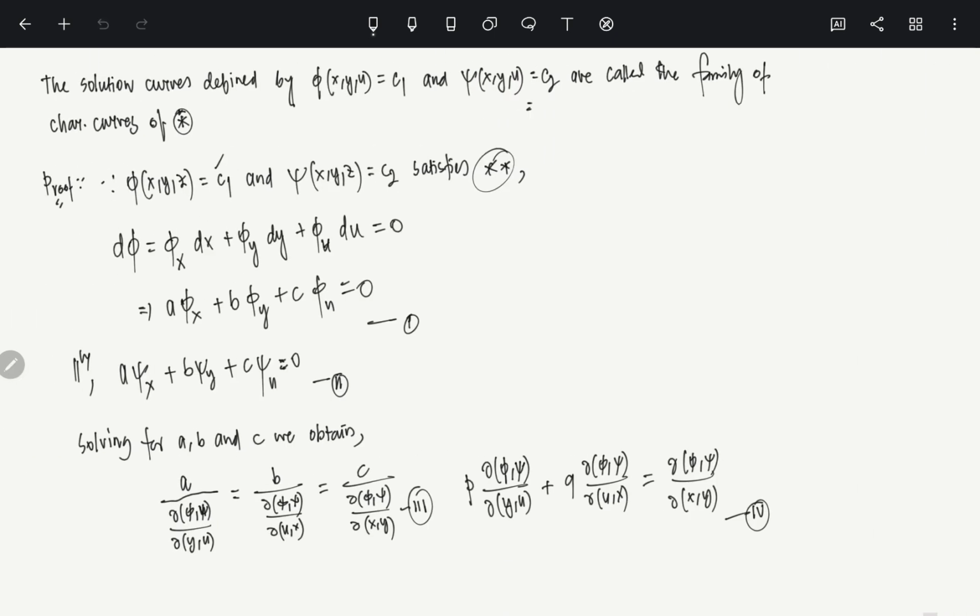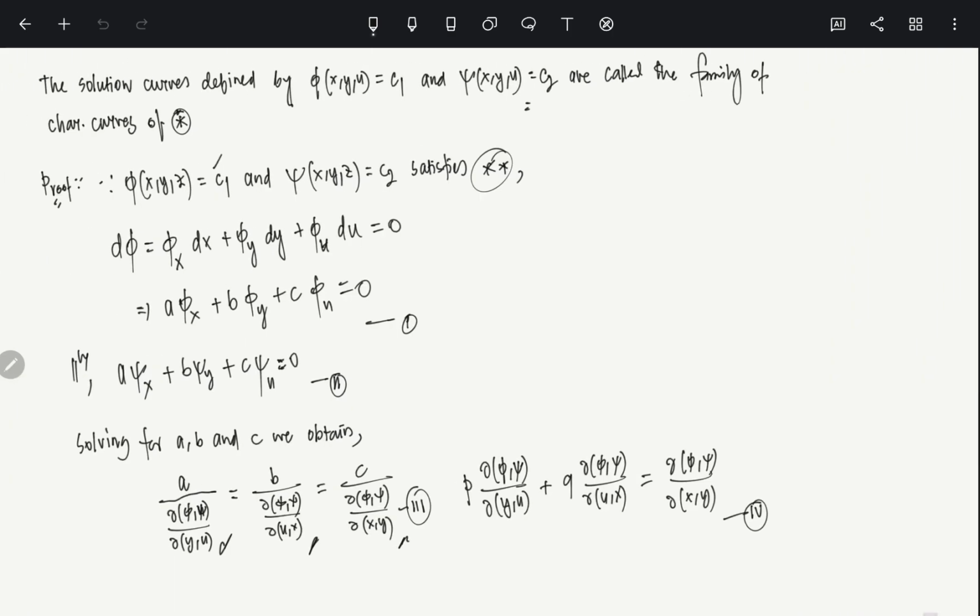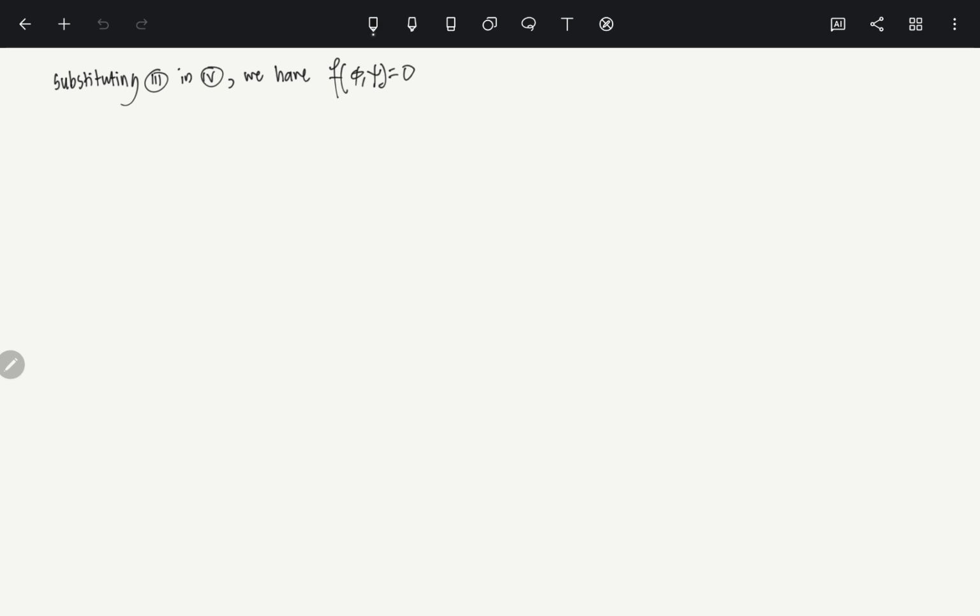This is always true. The 3 we have already got by solving 1 and 2. Once we have 3, if you substitute it in 4, A will be lambda times this particular thing, B will be lambda times this, and C will be lambda times this. If you substitute it, you end up with f of phi and psi equals 0. So this is the solution of star.